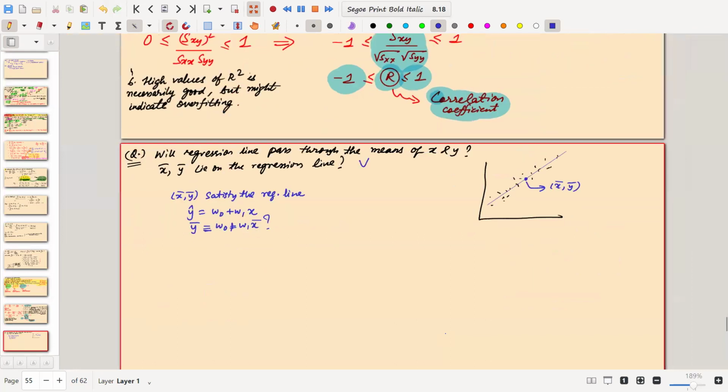So the answer is yes. Whichever problem you consider in least square regression, the mean X bar and Y bar will always lie on the best fit line. This is one of the very nice observations we have.